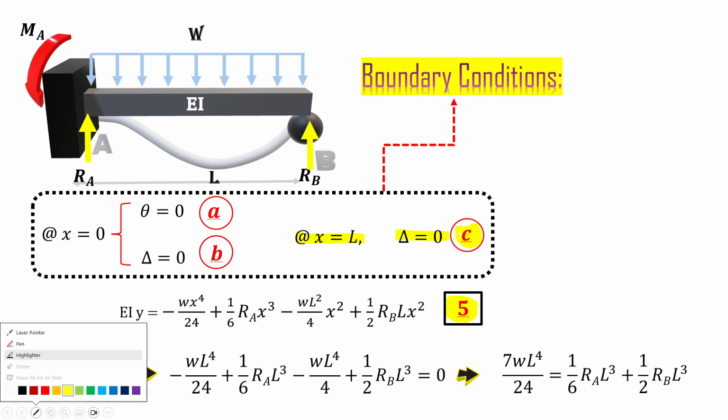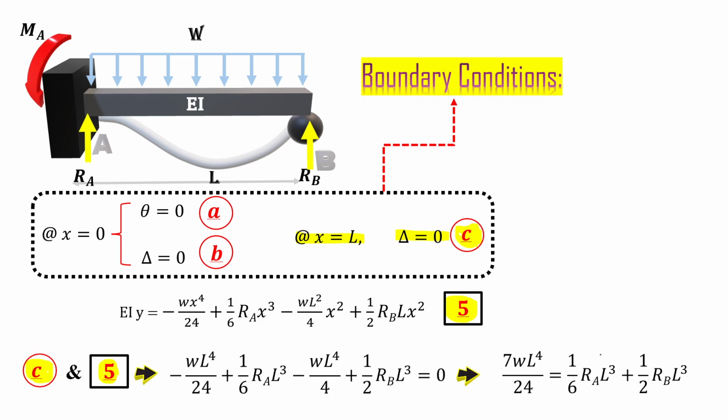If you remember, at the very beginning of our problem, RA plus RB should cancel out the distributed load over the span. So if we solve this set of equations simultaneously, we can get the reactions RA and RB.